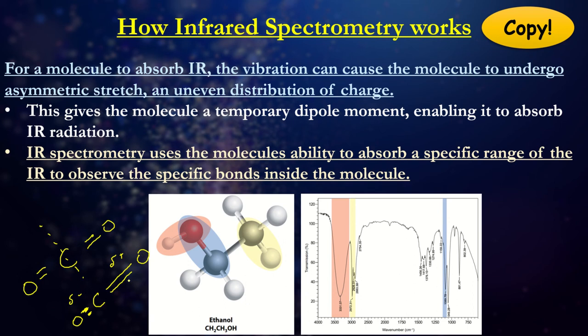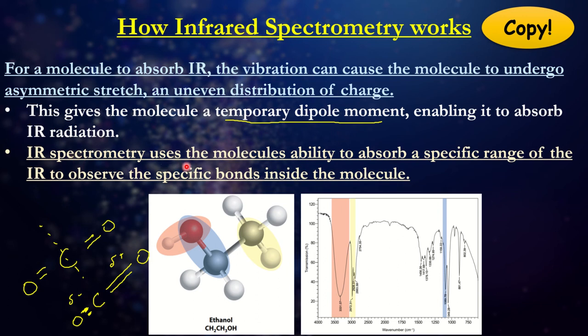The one further away might be partially positive, and the one that's closer might be partially negative. And so we get this temporary dipole moment. It's this temporary dipole moment that enables the absorption of infrared radiation. This is why a lot of symmetrical looking molecules might still end up absorbing infrared radiation, because the way they vibrate can still make them a temporary dipole.